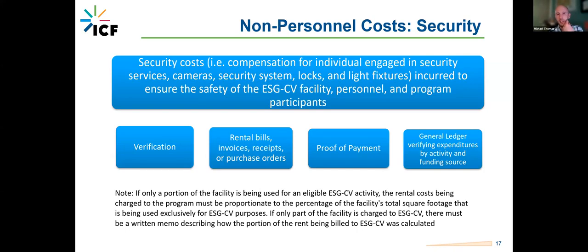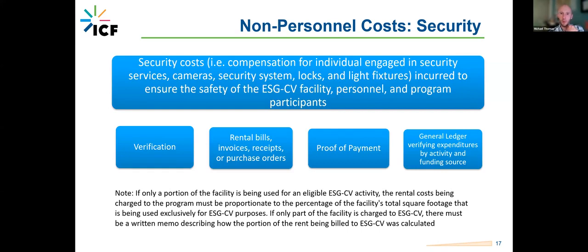So here you need verification that you've met any procurement requirements. Invoices, receipts, or purchase orders, proof of payment, and general ledger records. So we're going back to those same three things: your invoices, receipts, records that you incurred the cost, your proof of payment, and your general ledger.